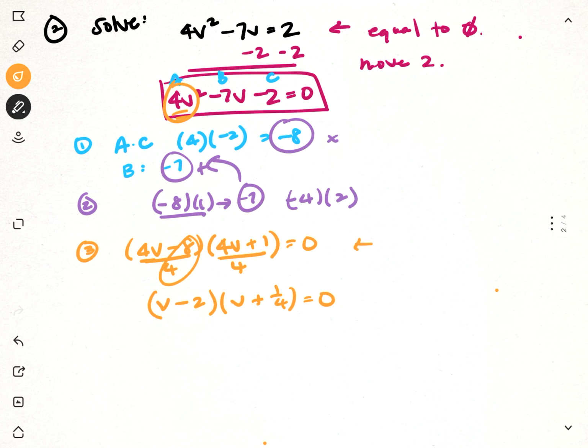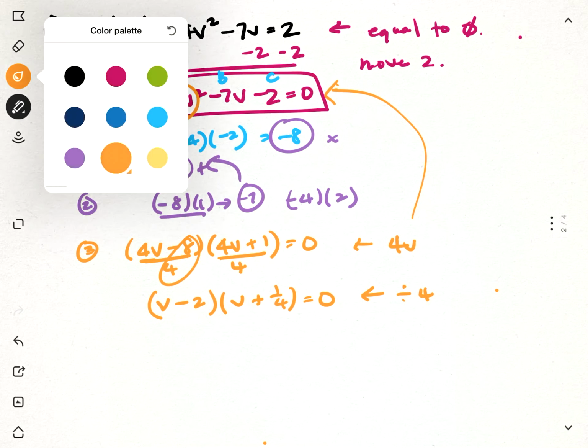So in this step, you get the 4v from the equation, and then we're just going to divide by that 4. And the last step, we're going to apply the zero product property.